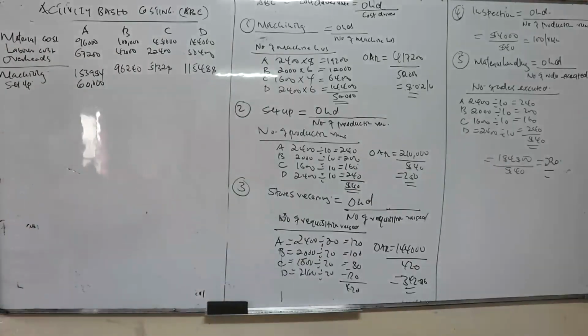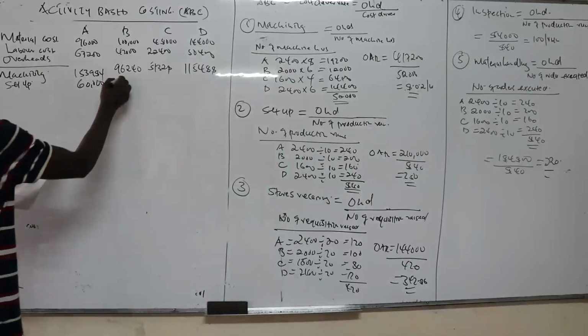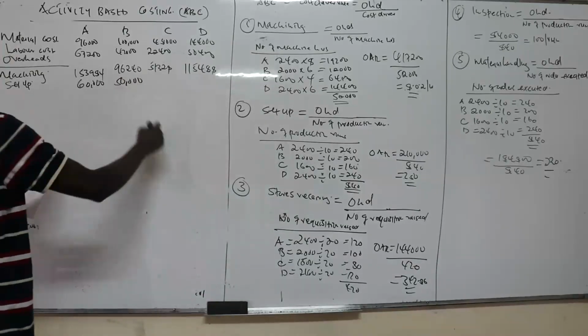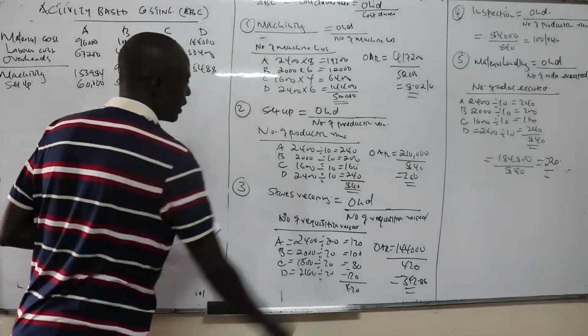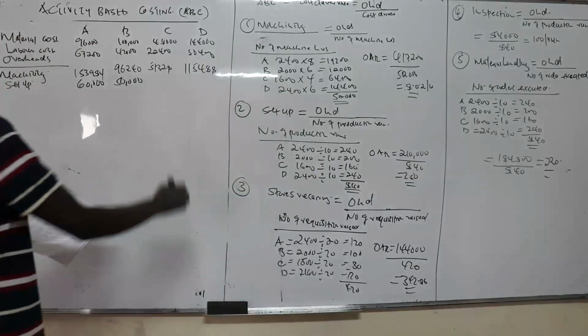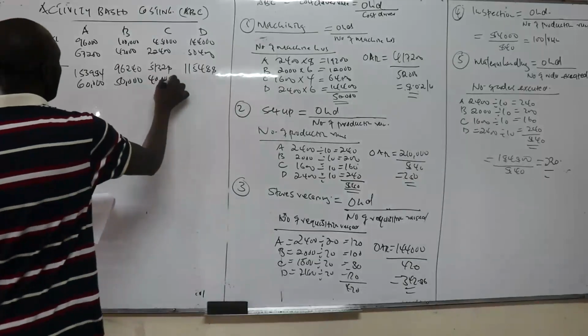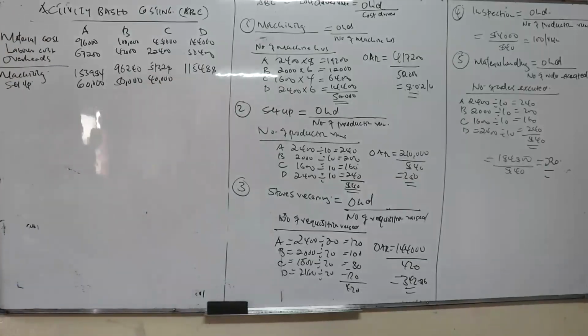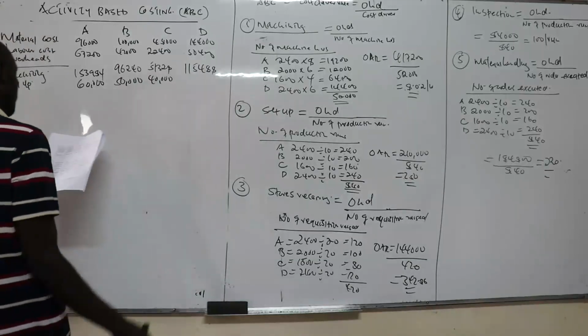How much do you get? 50,000. Product C had 160 setups. Product D had how many? This one is 60.